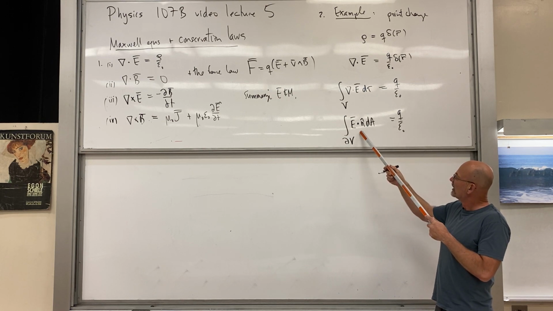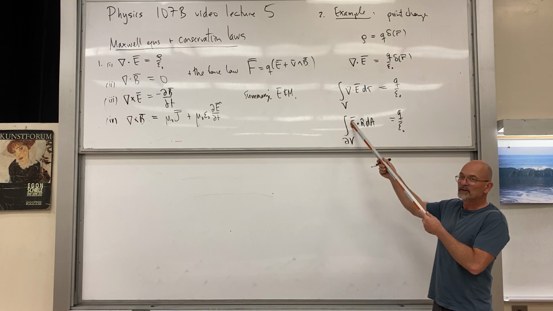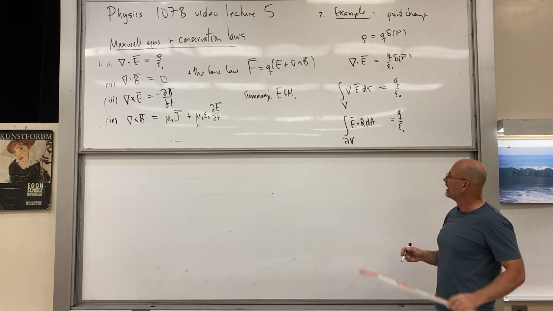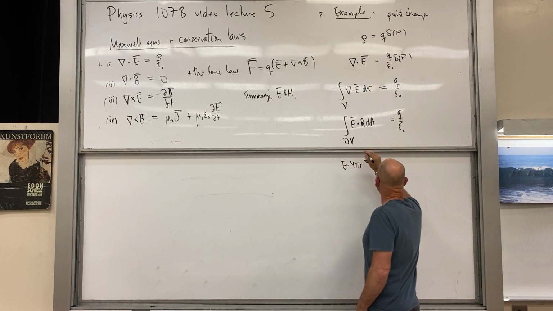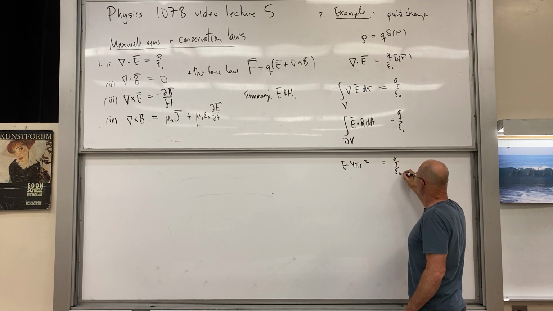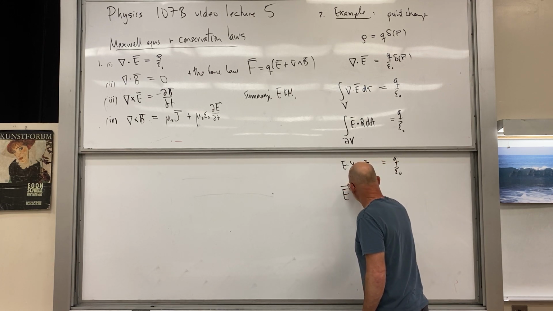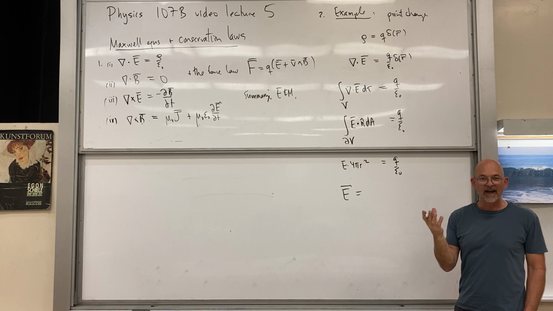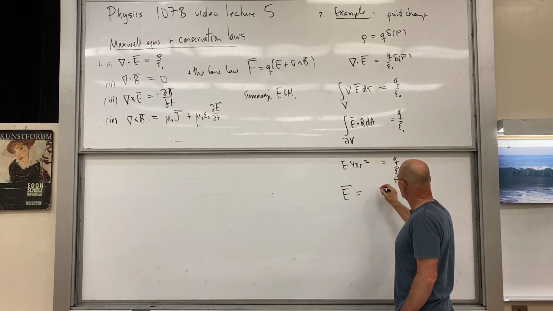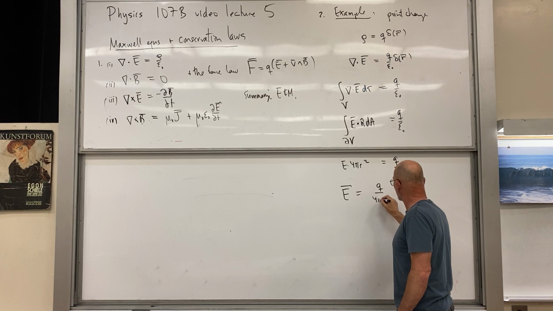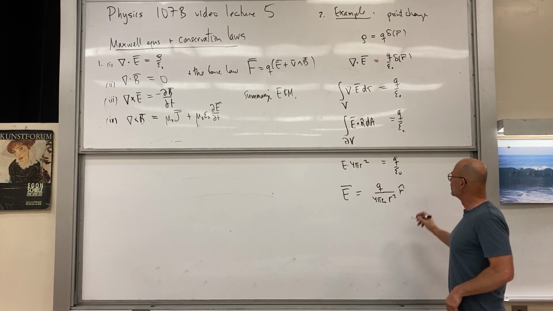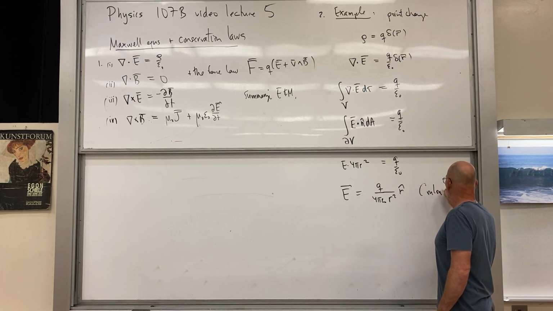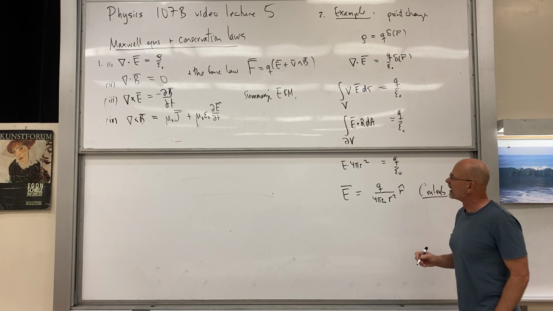Our symmetry argument tells us that E just has to be radial, and we end up with E times 4 pi r squared equals Q over epsilon naught. Going to the vector, I have Q over 4 pi epsilon naught r squared, r hat. That's Coulomb's law. So we get Coulomb's law out of this, clearly.